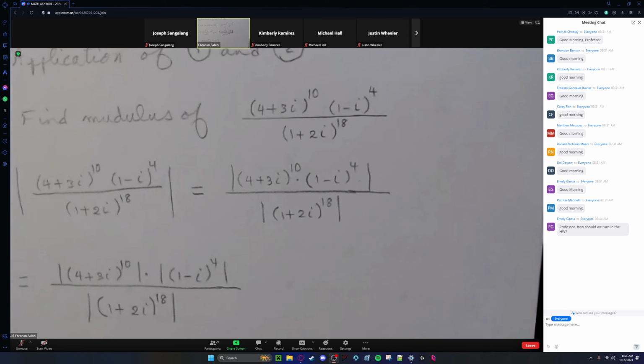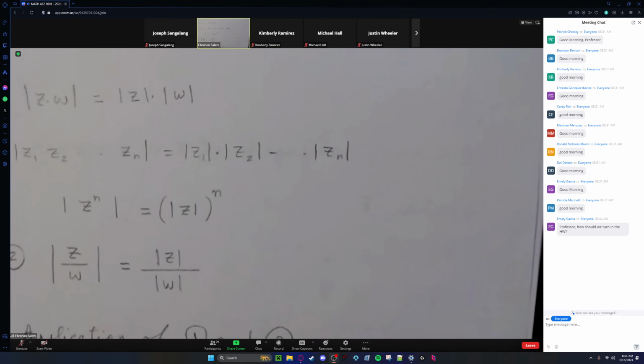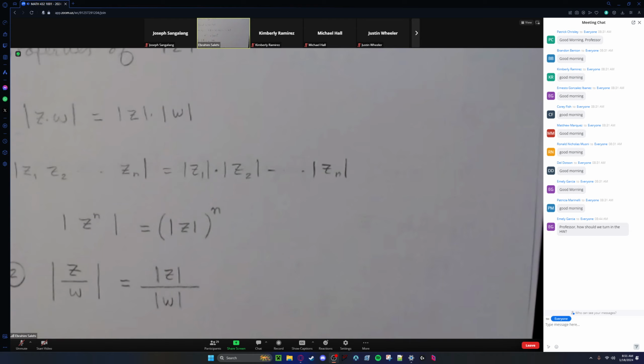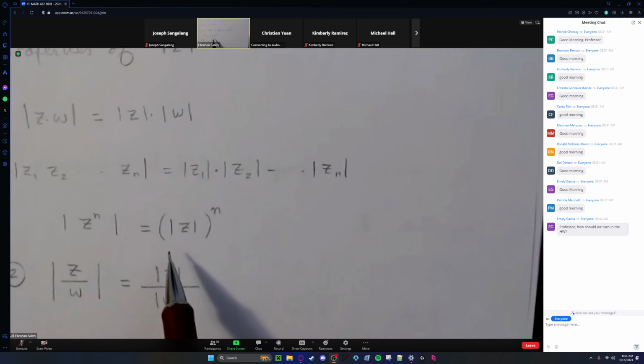Now, again, going to that property number 1, remember, when we generalized it, you can switch the modulus and exponential operations.